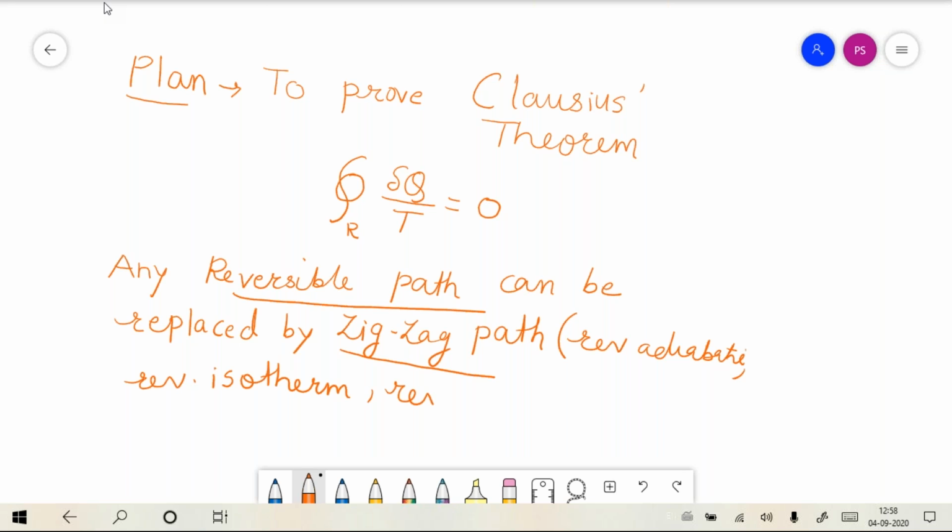It means that any reversible path is equivalent to a set of three processes comprising two reversible adiabatics and an isotherm.